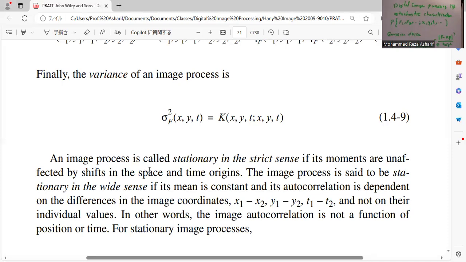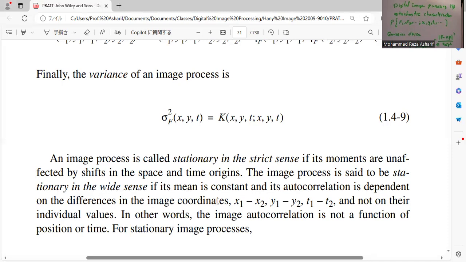An image process is called stationary in the strict sense if its moments are unaffected by a shift in space and time. The image process is said to be stationary in the wide sense if the mean is constant and the autocorrelation depends on the difference in the image.